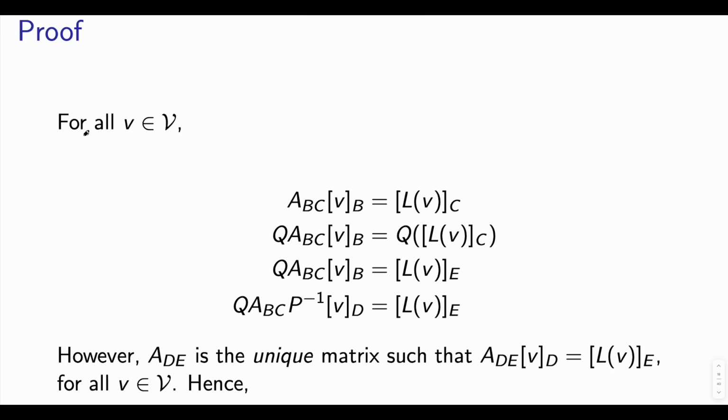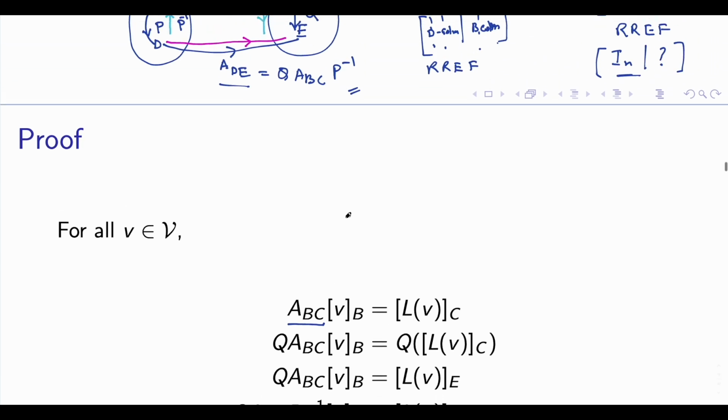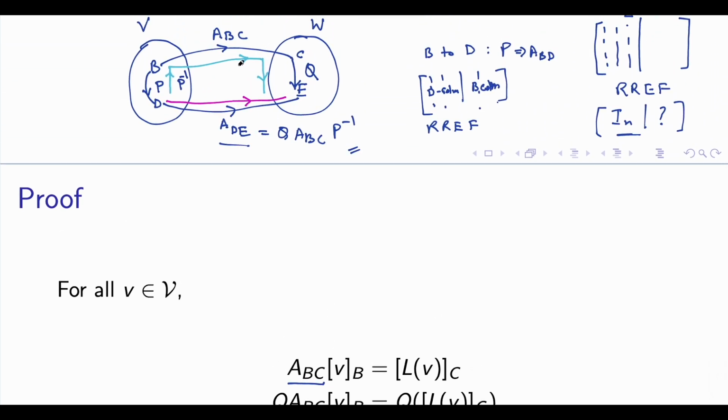So for all v in V, if you see from the figure, A_BC will take any vector v written in B coordinates, and when you multiply, you will reach here, right? Which will be nothing but L of v, using the linear transformation, with coordinates in C. With respect to the C basis we are writing, right?